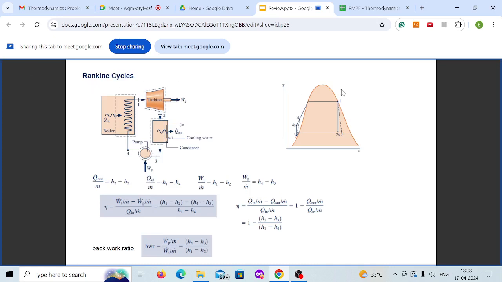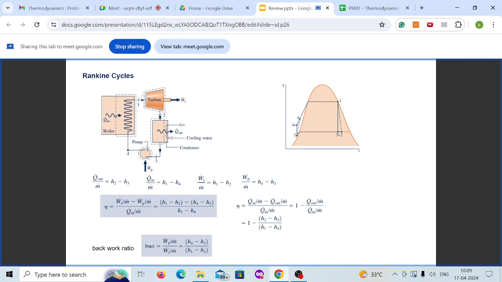And for the Rankine cycle, this is how it works. It's equivalent to a Carnot cycle. But there you had the Brayton cycle, with two isobaric processes, but here it's inside your vapor phase dome, the two-phase dome. 1 to 2 is isentropic expansion. 2 to 3 is heat rejection. 3 to 4 is isentropic compression, or pumping, and then 4 to 1 is heat addition.